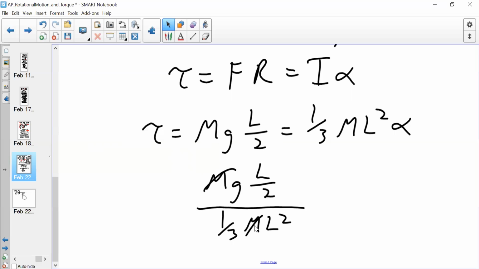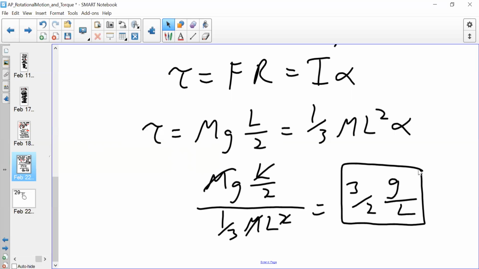The m's cancel out, right? One of these L's cancels, and so we're left with alpha equals 3/2 g divided by L. So that's the angular acceleration of the rod itself, about the center of mass. Any questions on that part?